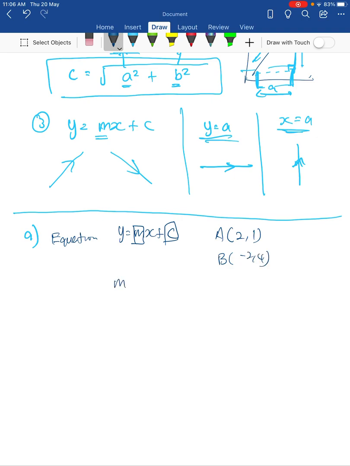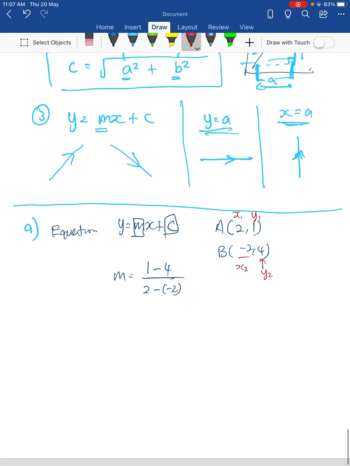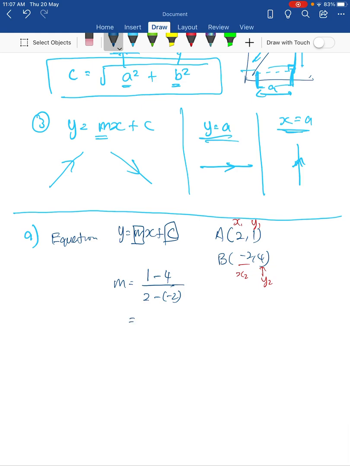So m equals y1 minus y2 over x1 minus x2. Personally, I prefer to label, to make sure that I don't make any mistake. So y1 minus y2, x1 minus x2, and therefore we are going to get the gradient.